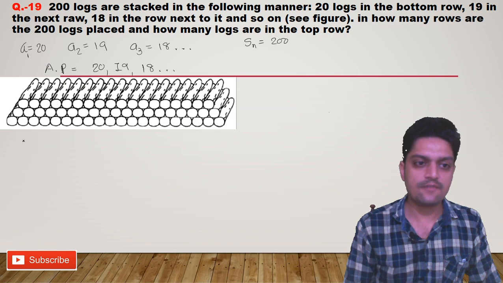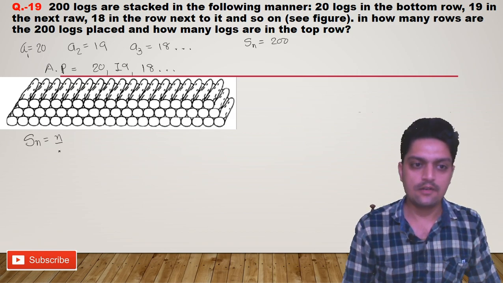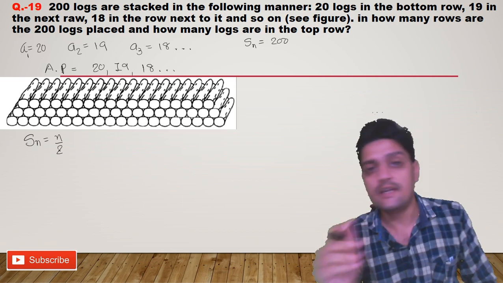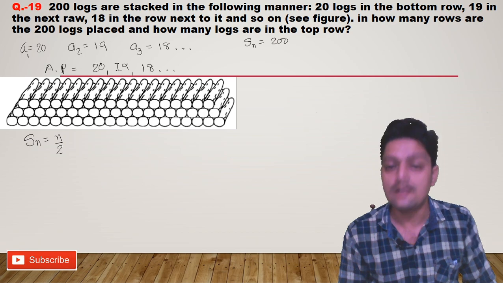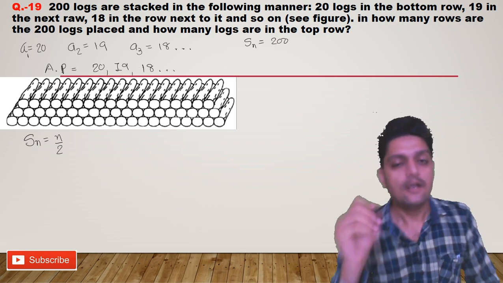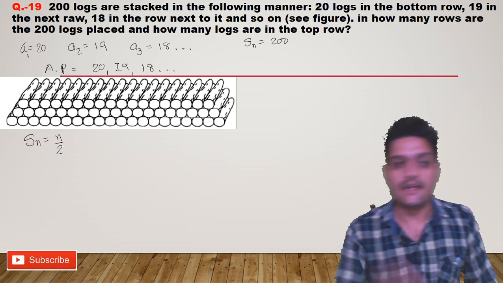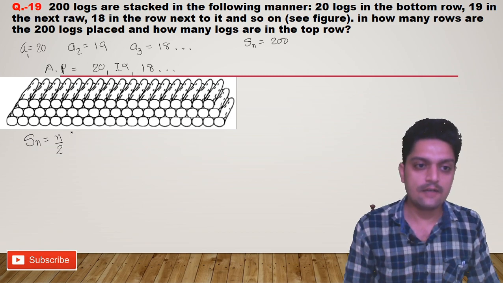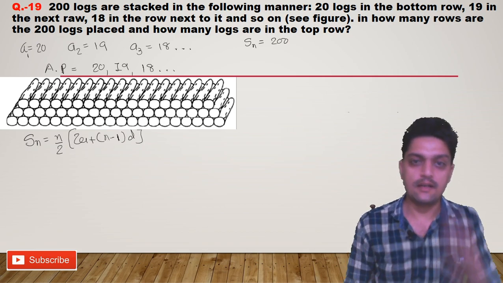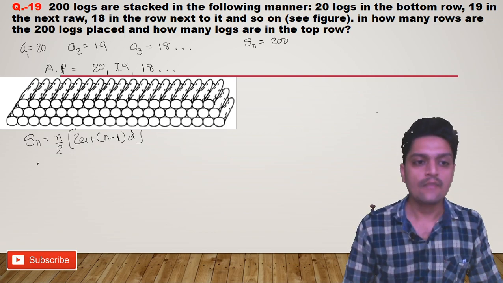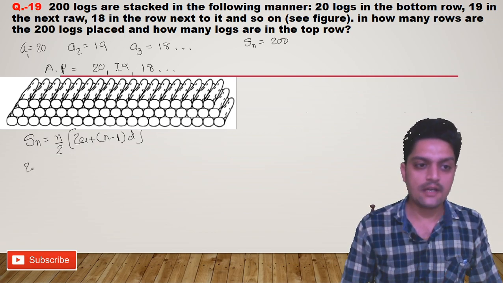So which formula should I use? Sn is equal to n by 2. Here first and last term are not given. See here first term 20 is given, but last term is not given, so I cannot use a plus l. So we should use here 2a plus n minus 1 into d. So Sn, that data we have, that is 200.